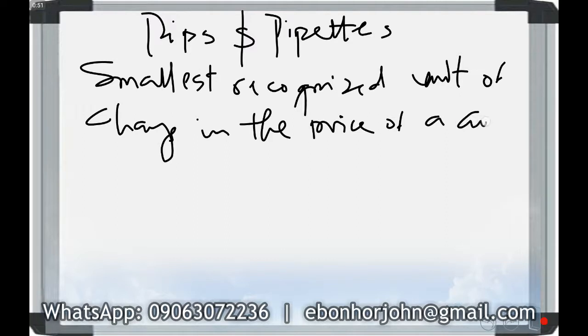That is, when the price of a currency changes, the smallest change that you can have that is recognized, the smallest unit of that change that is recognized, is a pip.